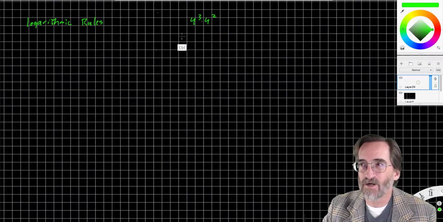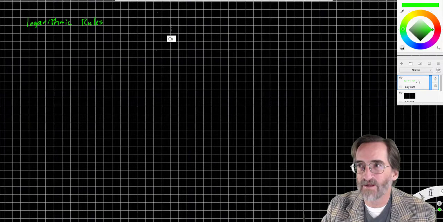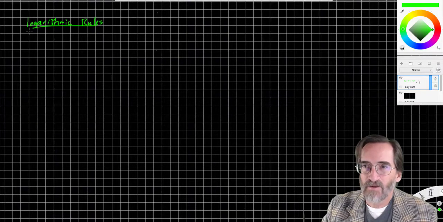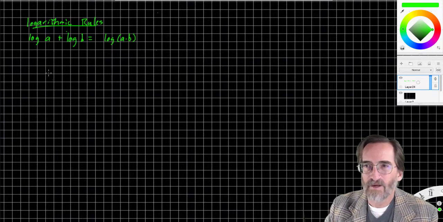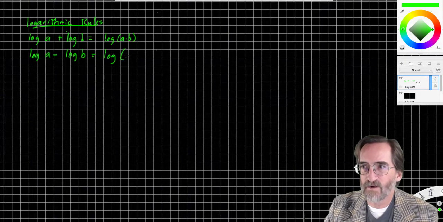The corresponding logarithmic rule for that is this: the sum of logs, log of A plus log of B, is the same as the log of a product, log of A times B. Same with the difference. Log of A minus log of B is the log of a quotient, log of A divided by B.